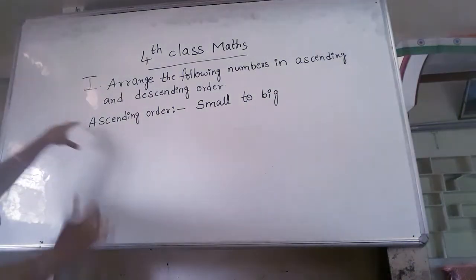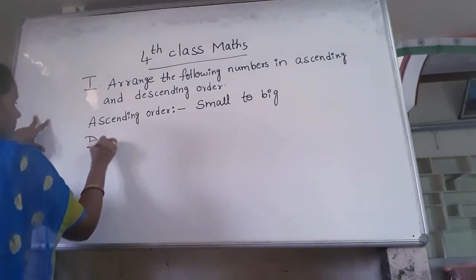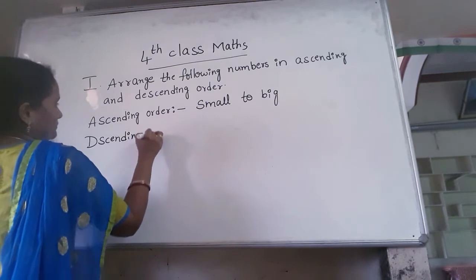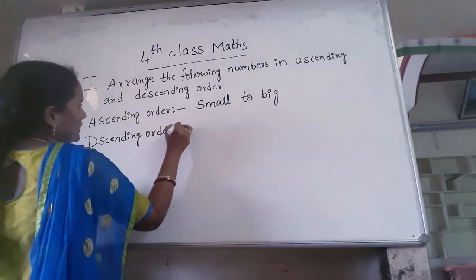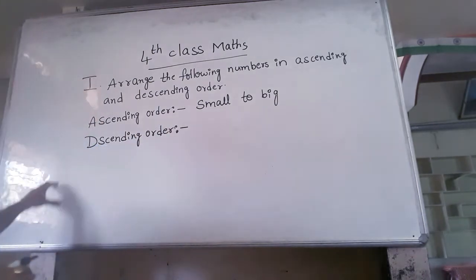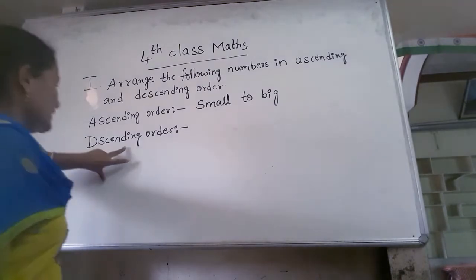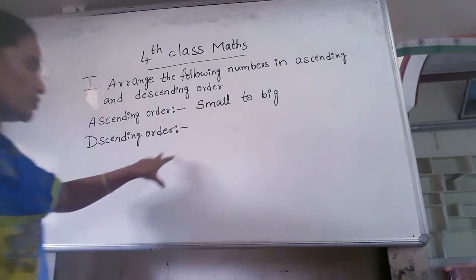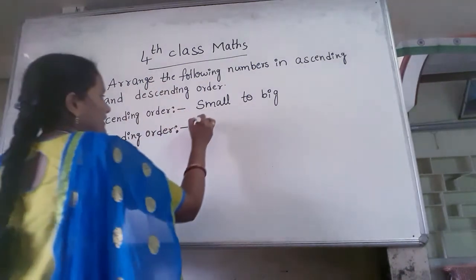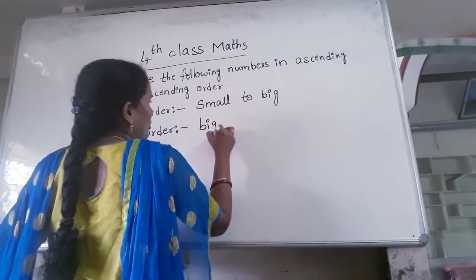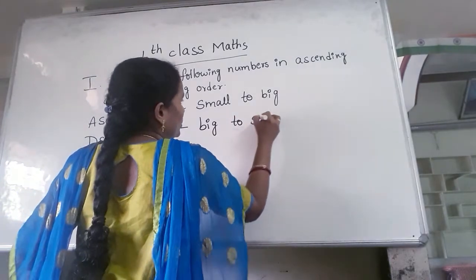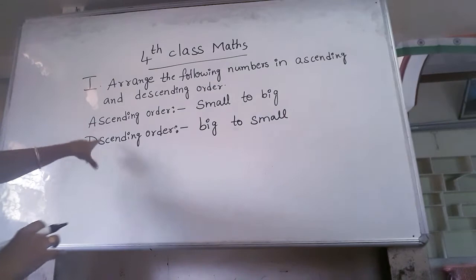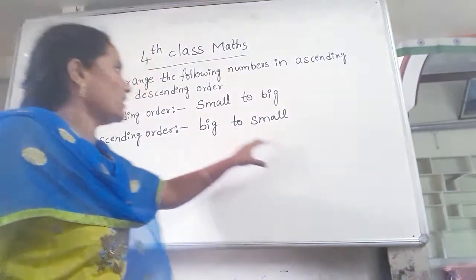Now next, descending order. In descending order, the given digits or the given series, you must write big number to small number, or biggest number to smallest number. This is called descending order.